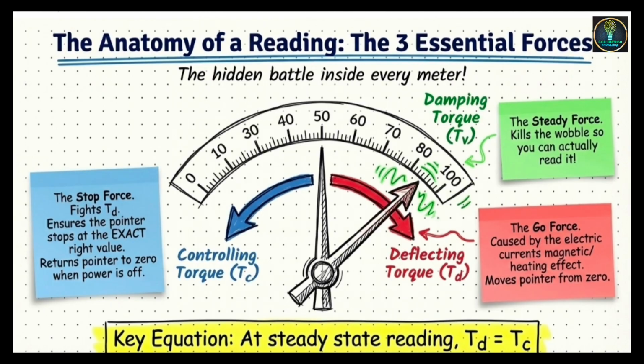Then deflecting torque, denoted by TD. The go force caused by the electric current, magnetic or a heating effect, moves pointer from 0.